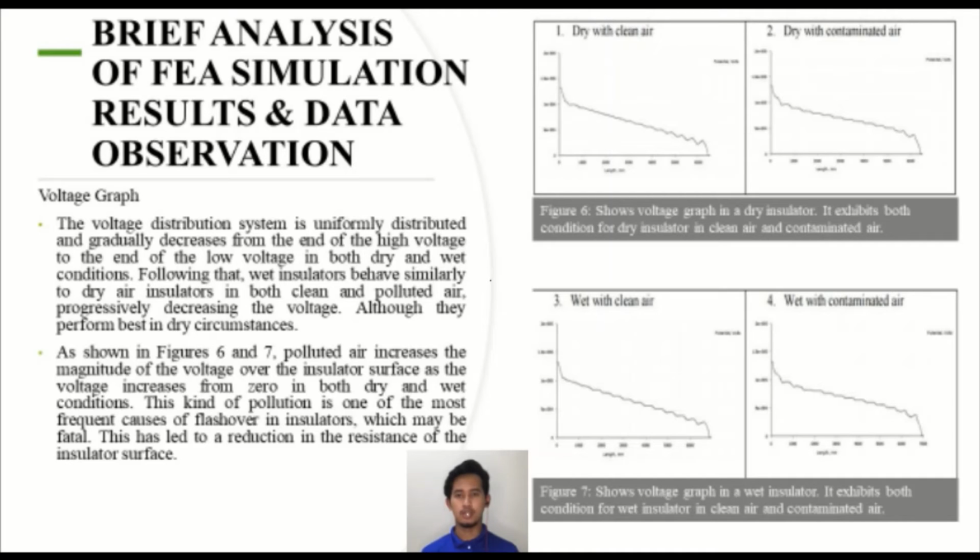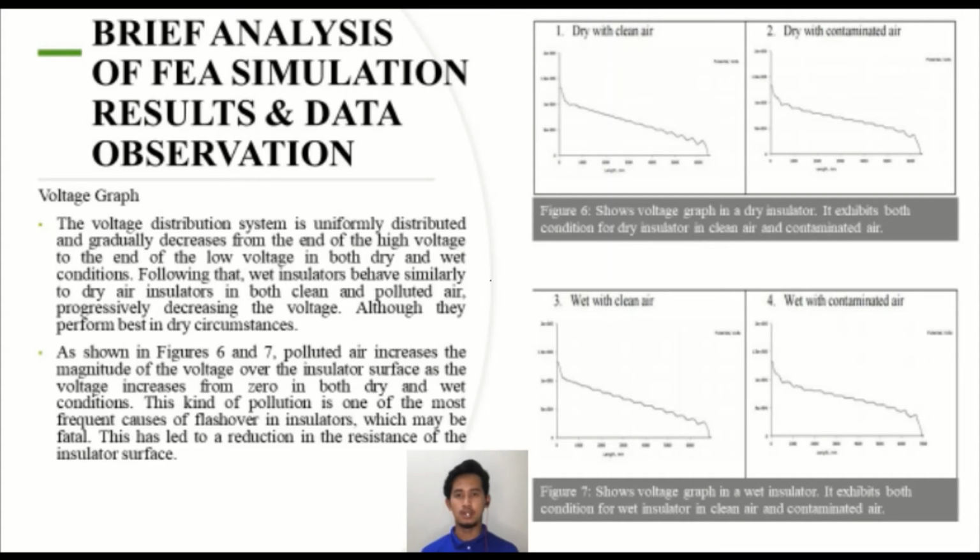It exhibits both conditions for dry insulator in clean air and contaminated air. Figure 7 shows the voltage graph in a wet insulator. It exhibits both conditions for wet insulator in clean air and contaminated air.